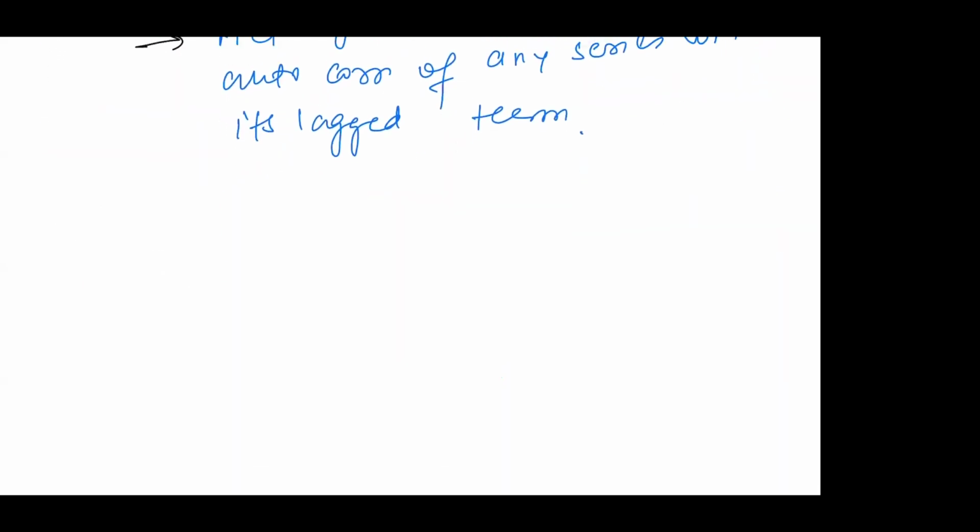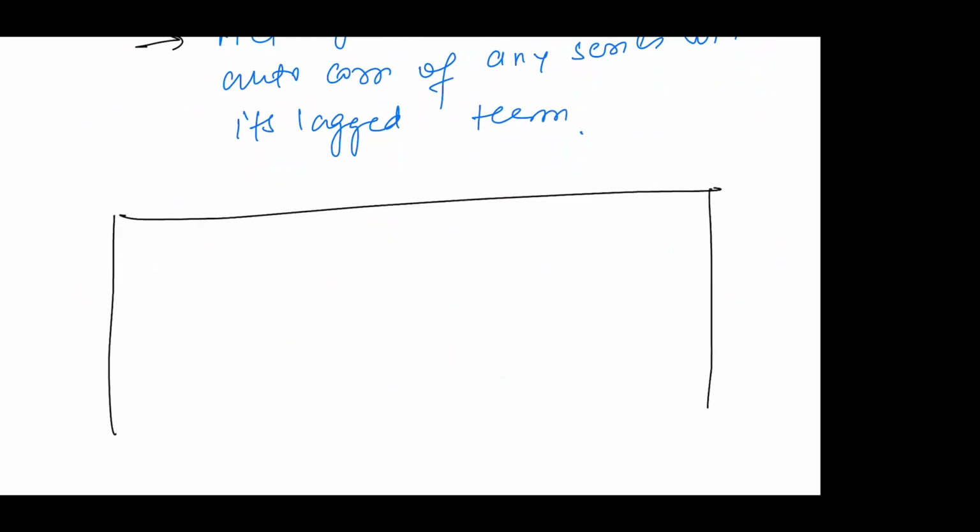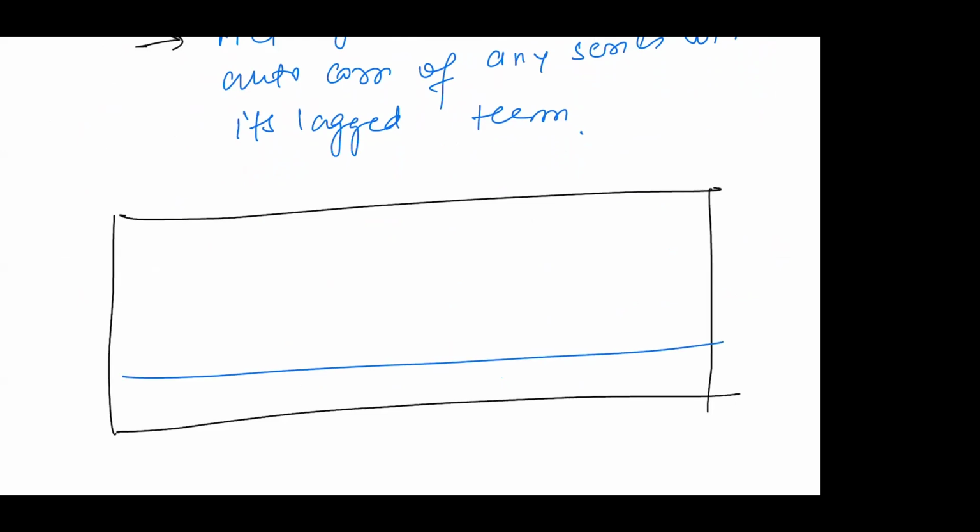So when you plot an ACF of the time series, you'll get a figure something like this. You'll have a blue line. Have you guys seen plots like this?